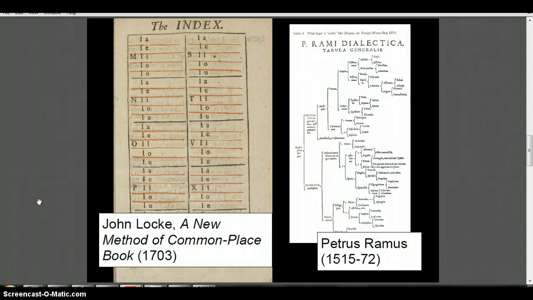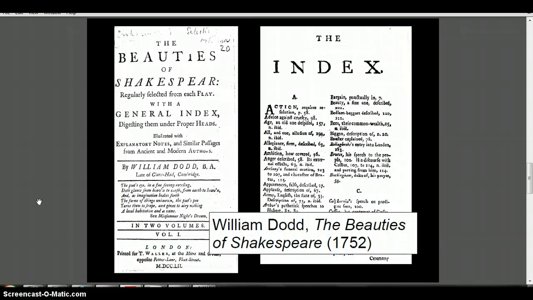A critical text for this is John Locke's New Method of Commonplace Books, which gives commonplace books indices based on their heads, and suggests this idea of grouping passages together based on the topics they refer to.